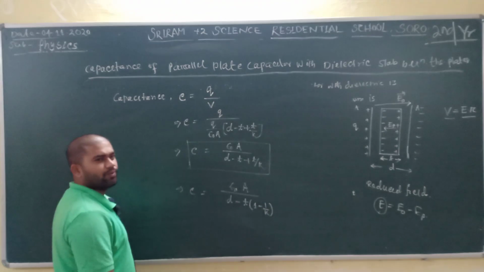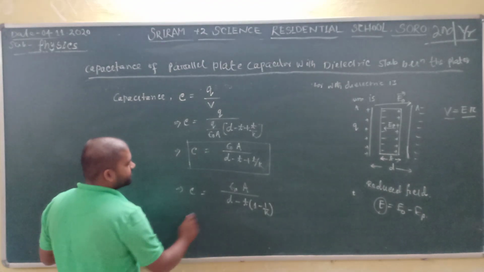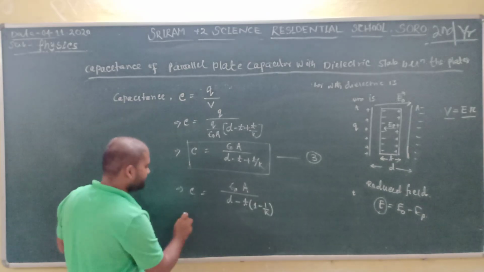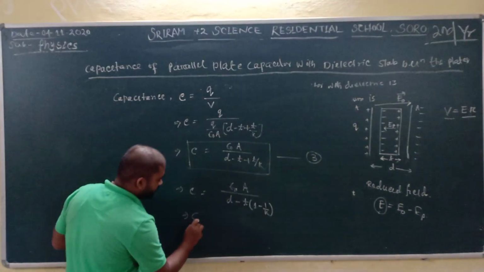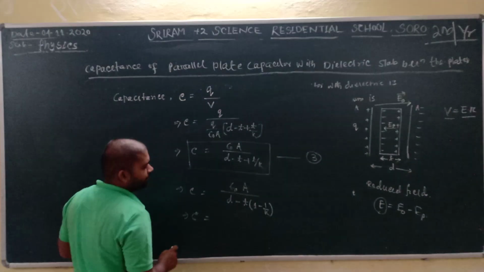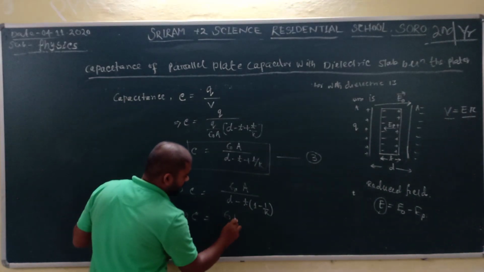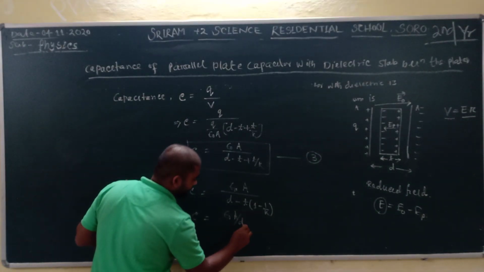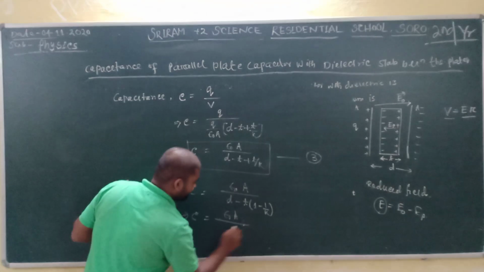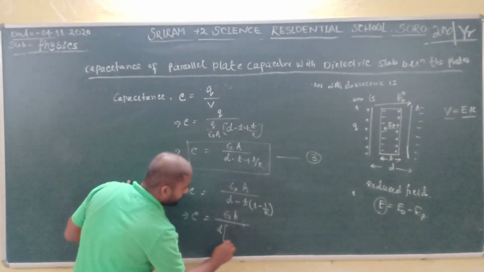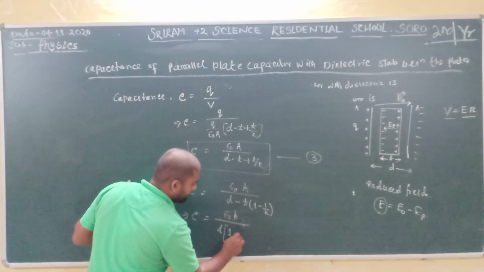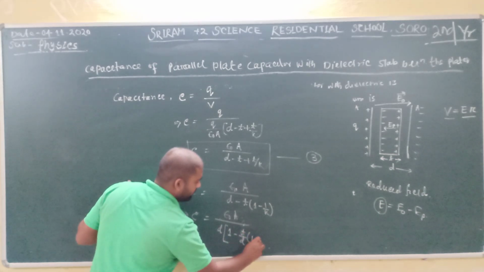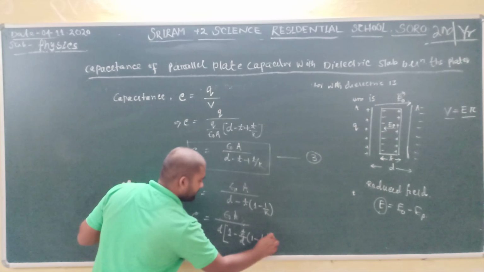Put this equation as equation 3. So that implies C equals, take common of D, then the value will be 1 minus T divided by D (1 minus 1 by K).